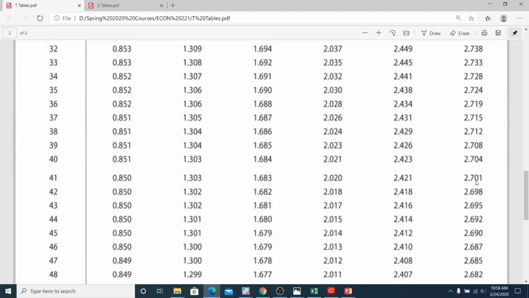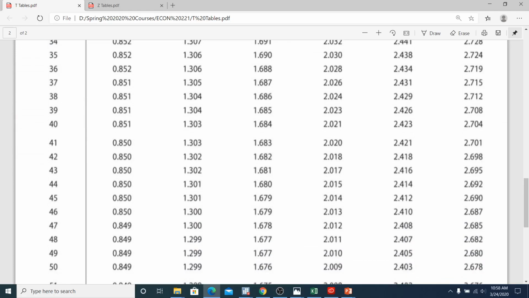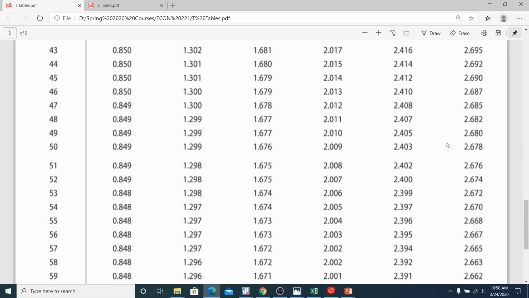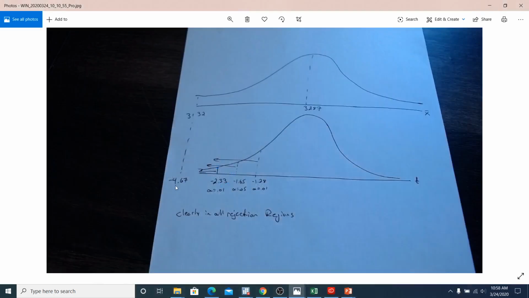So for 4.67, the area beyond that would be approximately zero. Anytime we're more than 3 or 4 standard deviations away from the mean, or we have a test statistic that's negative 3 or 4 or larger, the area to the left of this is going to be pretty much zero. The area to the left of negative 2.3 was 0.01. So the area to the left of negative 4.6 is going to be approximately zero.